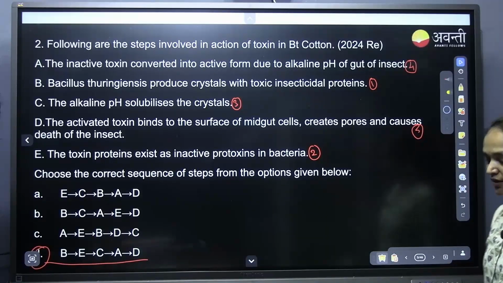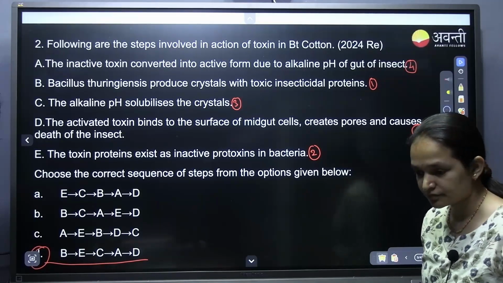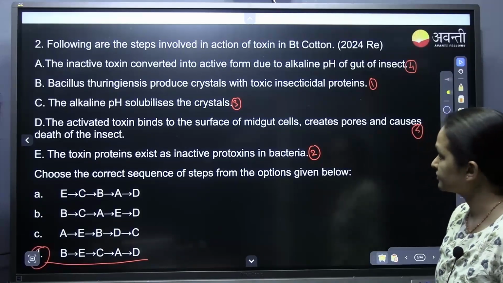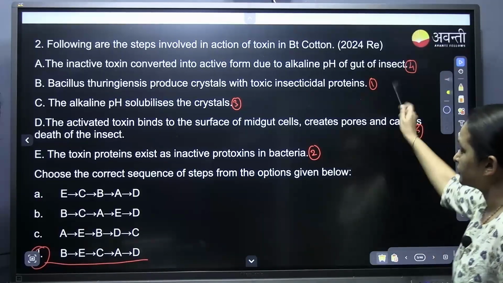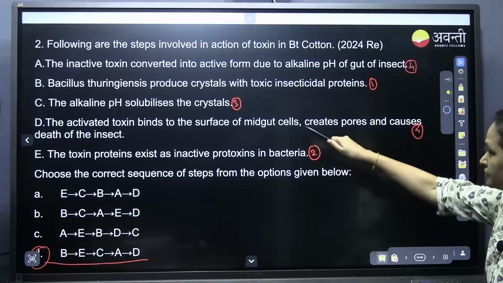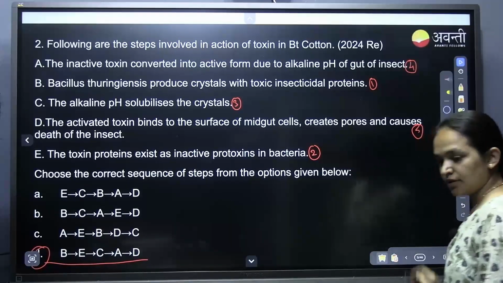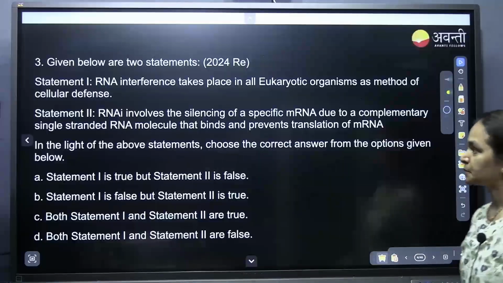BECAD. Understood? So our next question.